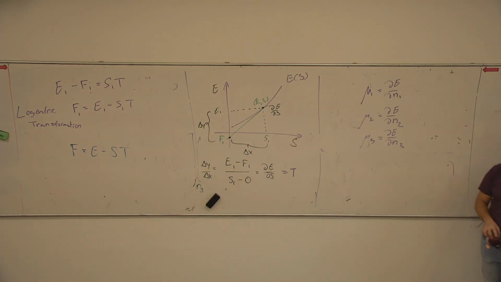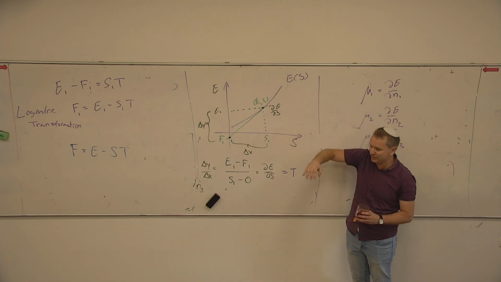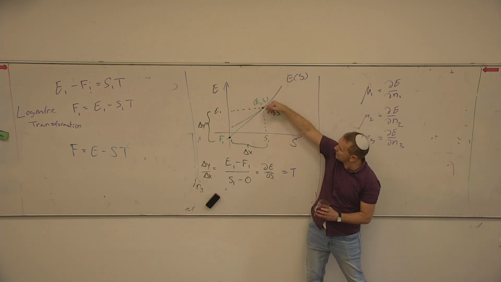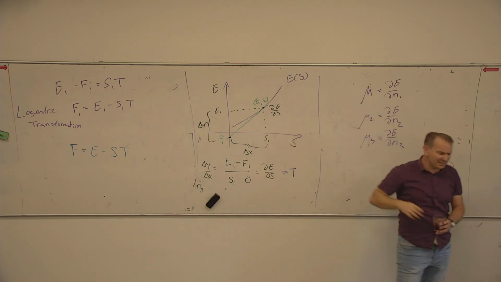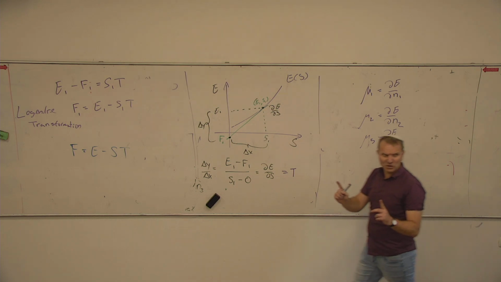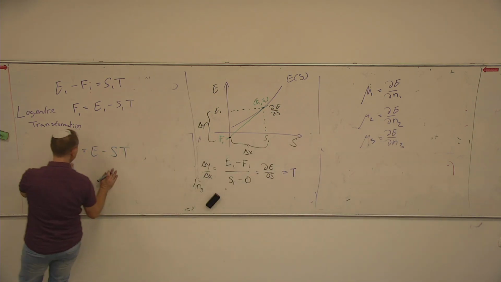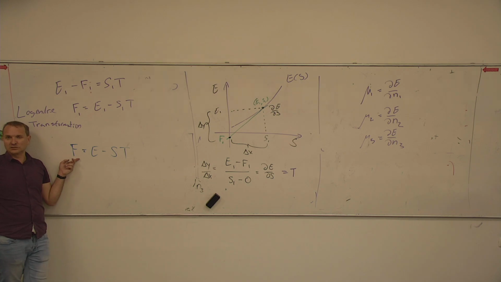Why do this? Maybe you can invent some other function that is going to describe this curve. Why do explicitly this Legendre transformation? The Legendre transformation has another interesting property. Okay, so this is just a transformation.